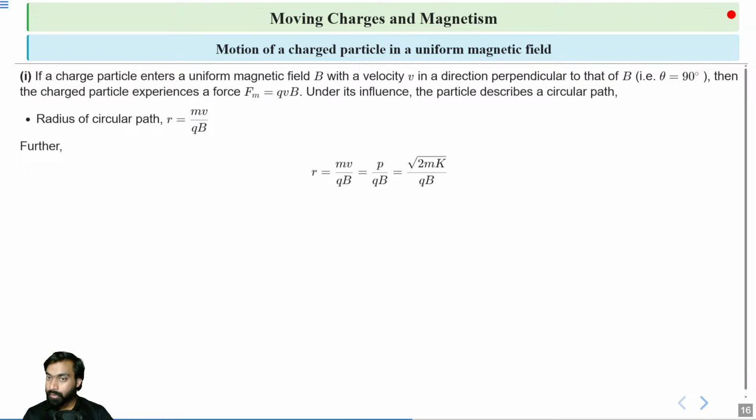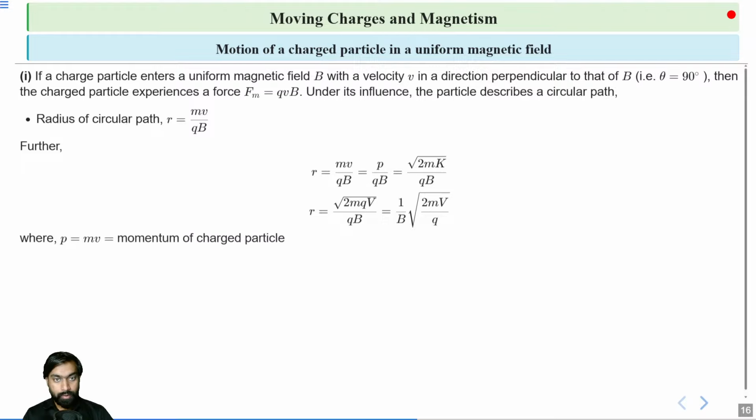This is a very simple but important expression. On rearranging the terms, you get r equal to under root 2mqV divided by qB, which is equal to 1 upon B under root 2mV divided by q.